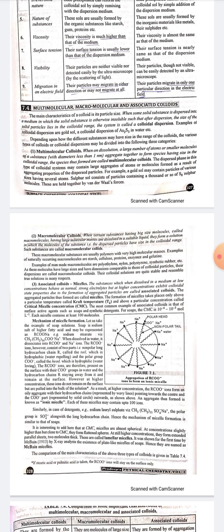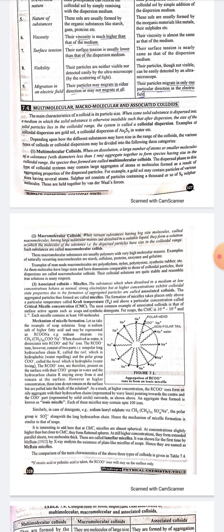Associated colloids. Micelles. The substances which, when dissolved in a medium at a low concentration, behave as normal strong electrolytes, but at higher concentrations exhibit colloidal state properties due to the formation of aggregated particles, are associated colloids.